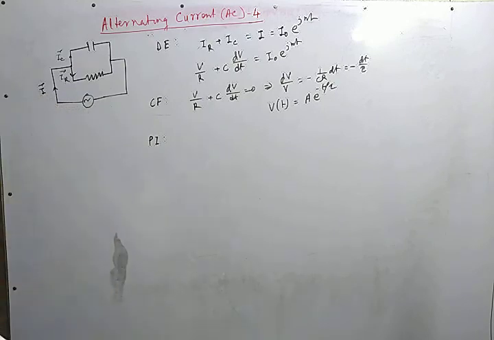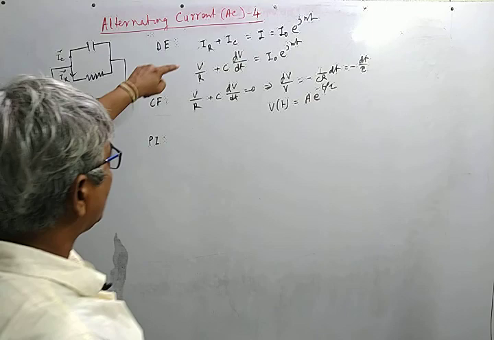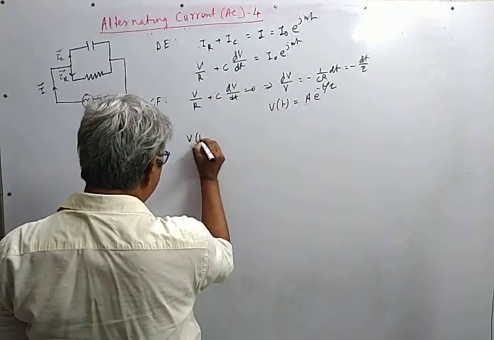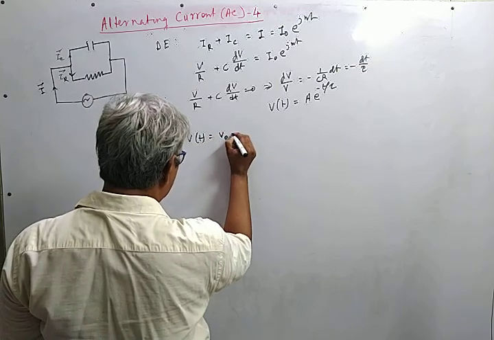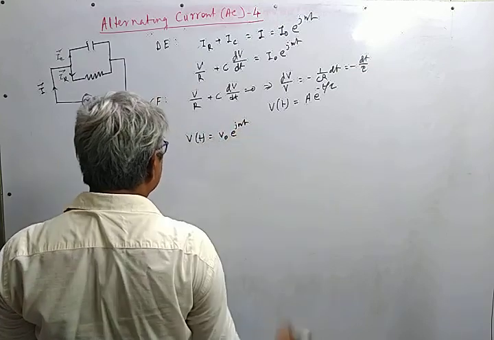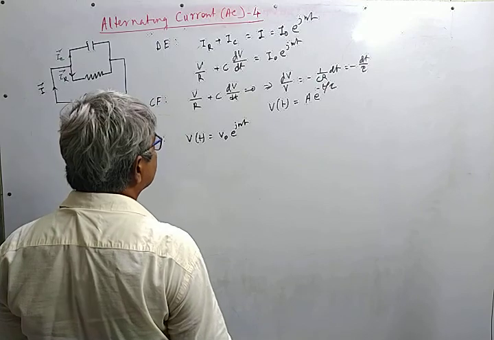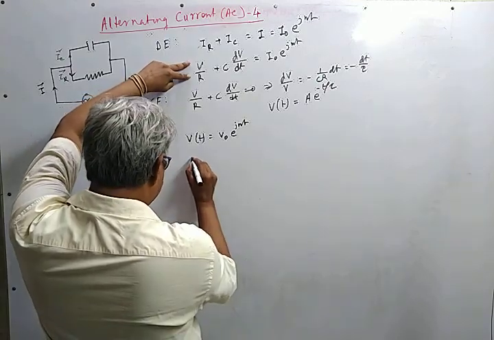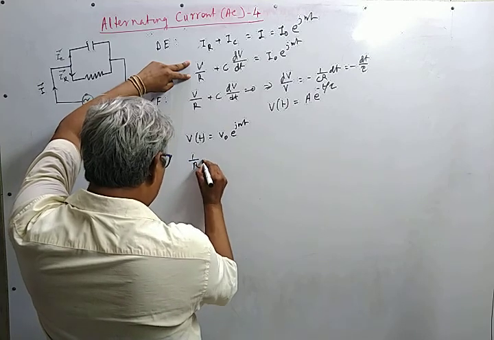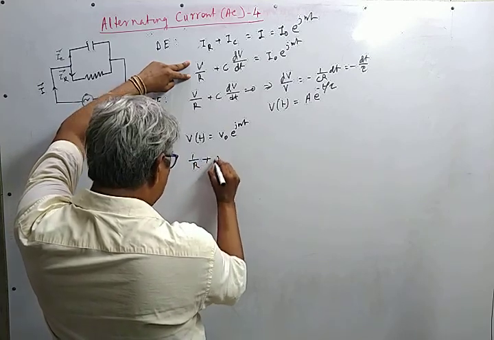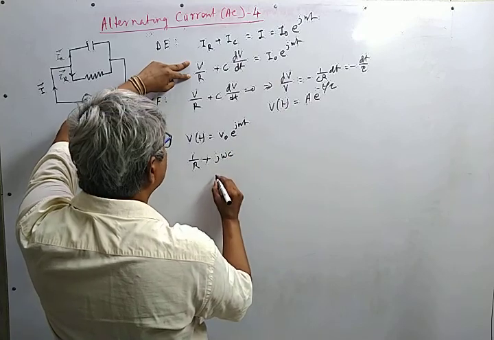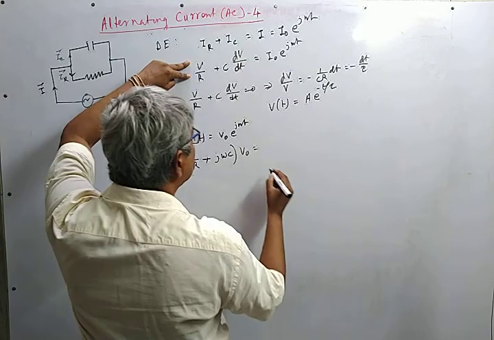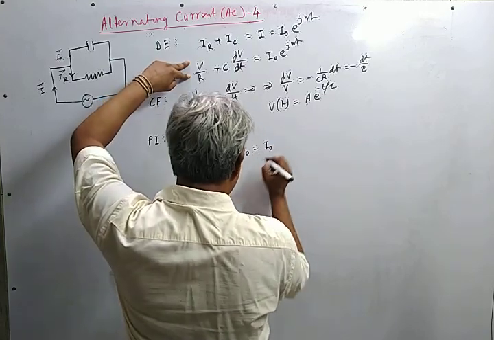And for the particular integral, we see that the voltage ultimately oscillates in tune with the source. So we write V as a function of t is equal to V0 e to the power j omega t, where V0 is a complex quantity which needs to be obtained. Here you get (1 by R plus j omega C) V0 is equal to I0.